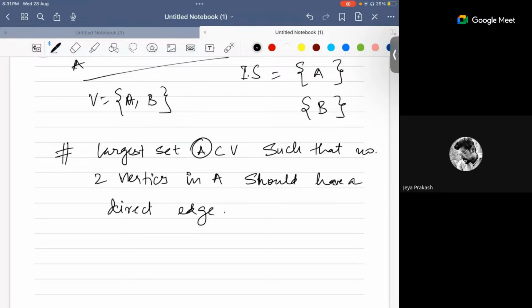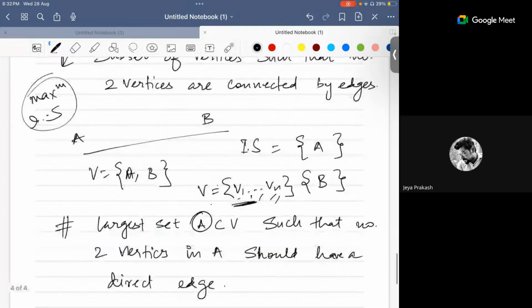So you have to take out the biggest set of the vertices. V was V1 to Vn, all the vertices were there in this bigger set V. So you have to take out all the combinations of the vertices, and the cardinality here should be the maximum, such that they should not be making any direct edge.